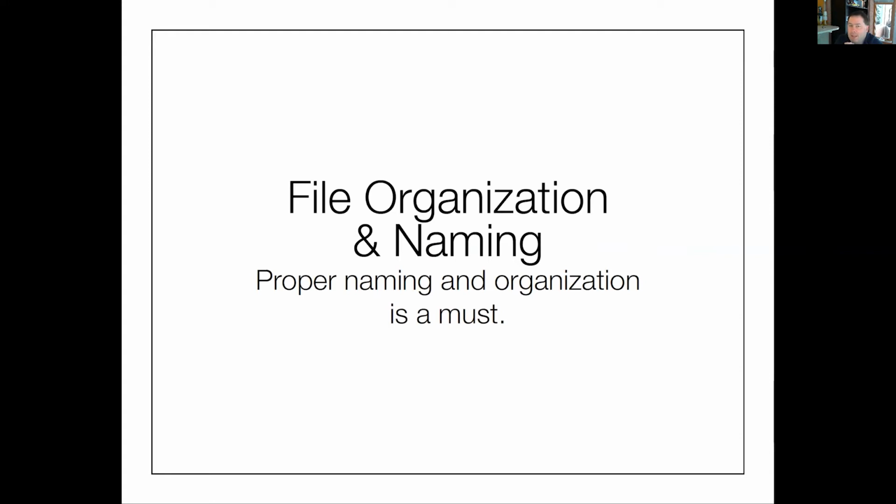Which leads to file organization and naming things properly. When we're dealing with naming files, file names should not really have any capital letters or spaces, for instance. Usually spaces are replaced by either dashes or underscores in the file name.